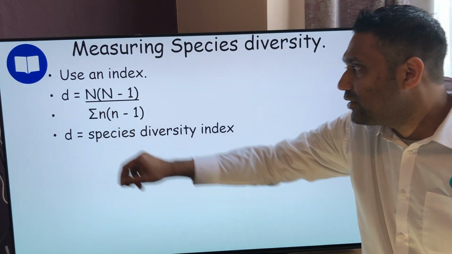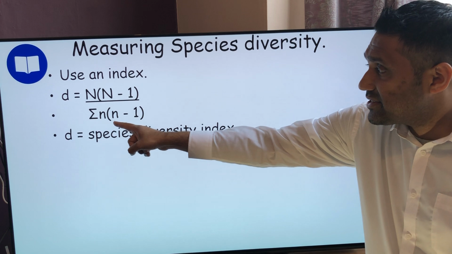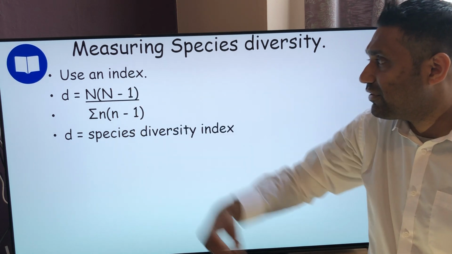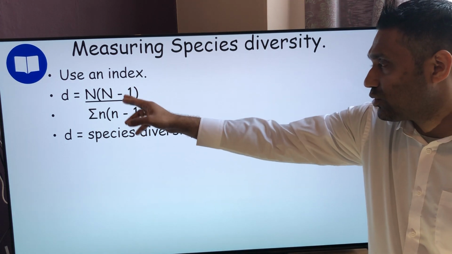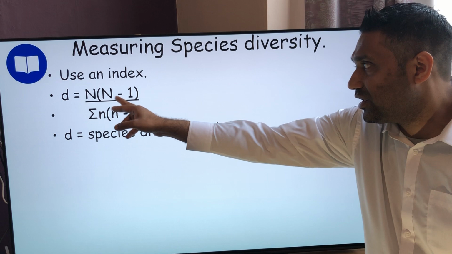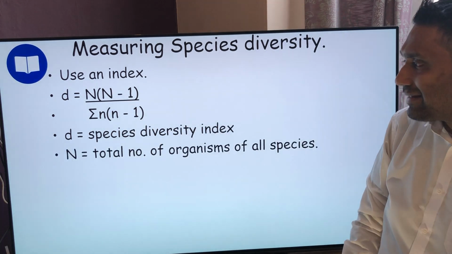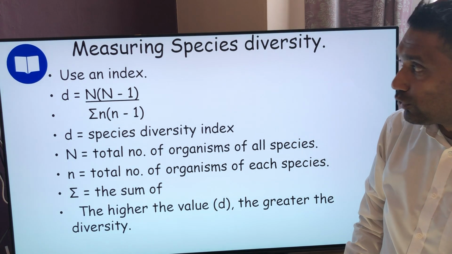So sigma represents the sum of the individual species times the individual species minus 1. So imagine if you've got 50 in total, then you do 50 times N minus 1, which will be 49, because 50 take away 1 is 49, so that'll be 50 times 49. And then you do it for all the individual species and add them all up. Okay, so that's the answer to question 4, if you've forgotten.